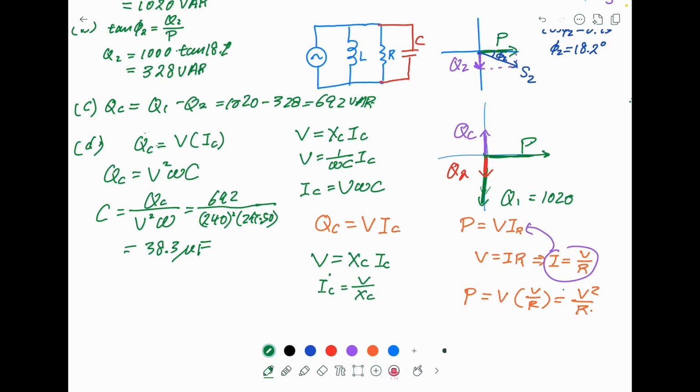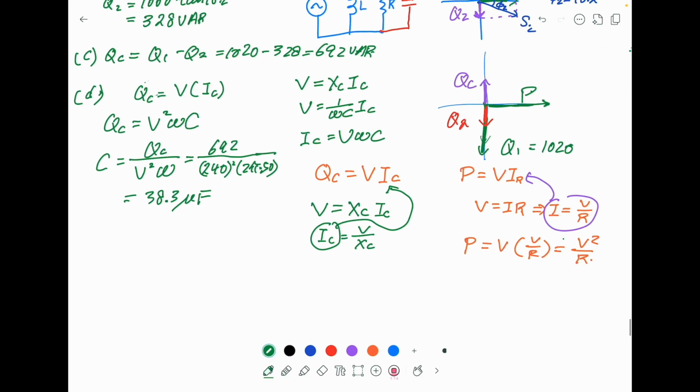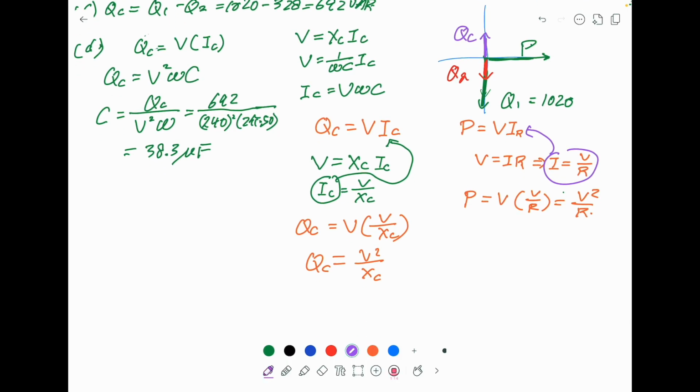So now we substitute this I back to here, and we can say QC is equal to V squared over XC. So this is very similar to the case in the resistor.